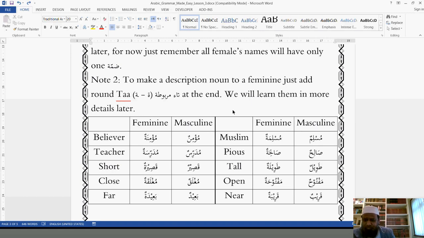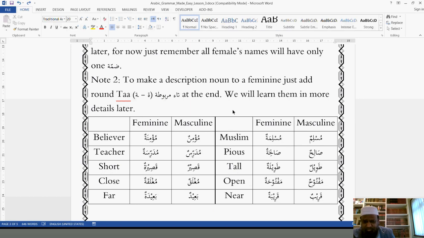Salihun, make it feminine by adding the round ta: salihatun, pious. Tawilun, a description, make it feminine by putting the round ta, ta marbuta, at the end: tawilatun, tall. Maftuhun, to make it feminine: maftuhatun.